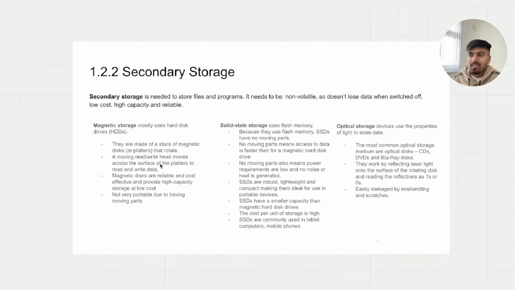You don't need to know this in detail, but you need to know that it has moving parts. Why is this important? Because it's not very portable. If you're using a hard drive on something that requires transportation and you drop it, it's going to break. That's why HDDs aren't very portable. However, they are reliable and cost effective and provide high capacity at low cost.